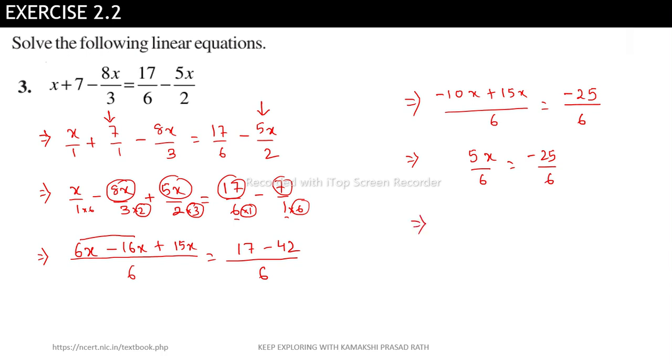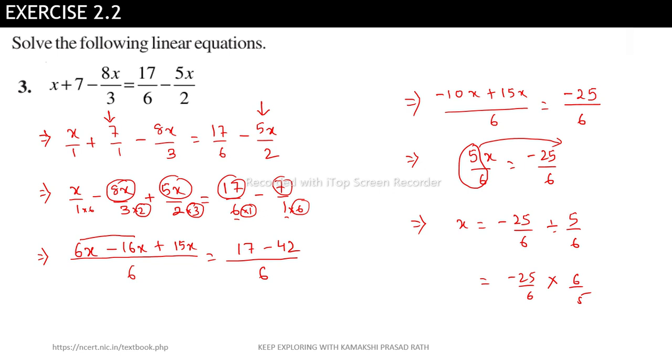On solving this, we can see 5 by 6 as a whole fraction can be moved together towards the right hand side. Here we need to follow, as we have learned earlier, that division is nothing but multiplying by its reciprocal.